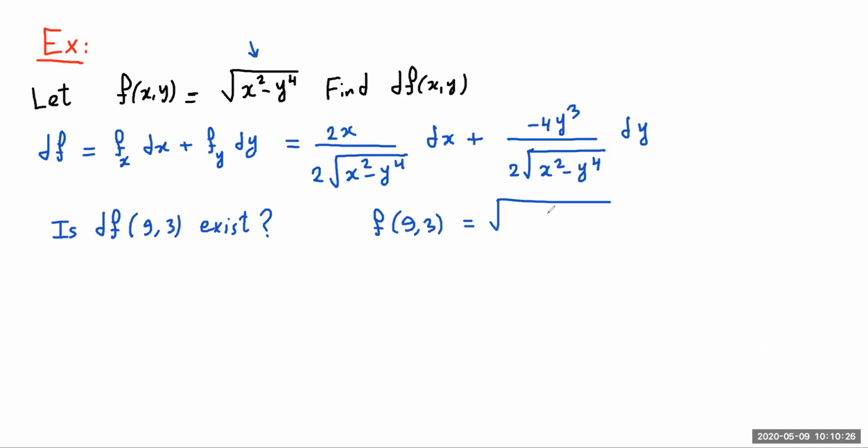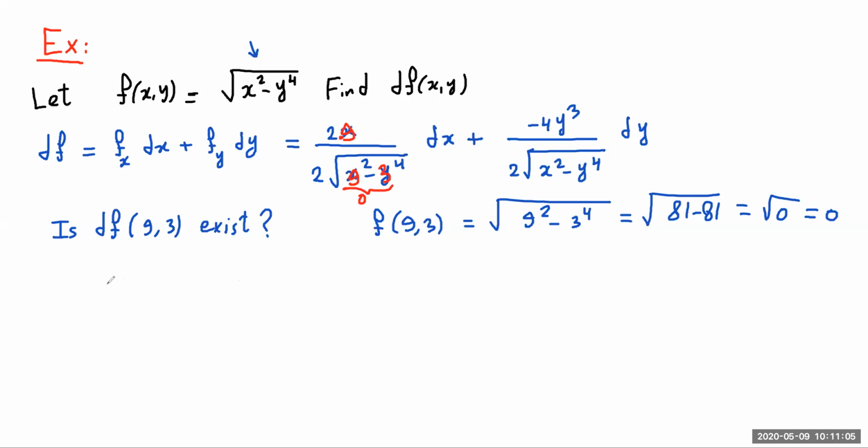It's root of 9 power 2 minus 3 power 4, root of 81 minus 81, so root of 0. It's 0. So the point (9,3) exists in the domain. But can we calculate the differential of f at (9,3)? If I put x equals 9 and y equals 3, I will have 0 here. And here x is 9, so 2 by 9, 18 over 0. So it doesn't exist. It's not defined.